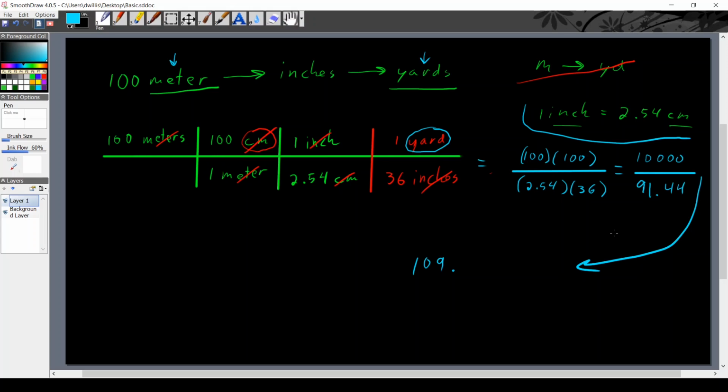Now let's look at our significant figures. That's an exact number. That's an exact number. This is also an exact number because it is an exact conversion, and that is an exact number. So we actually have an infinite number of significant figures in all of our conversions. So I'll just keep all of the decimals and say 109.361 yards.